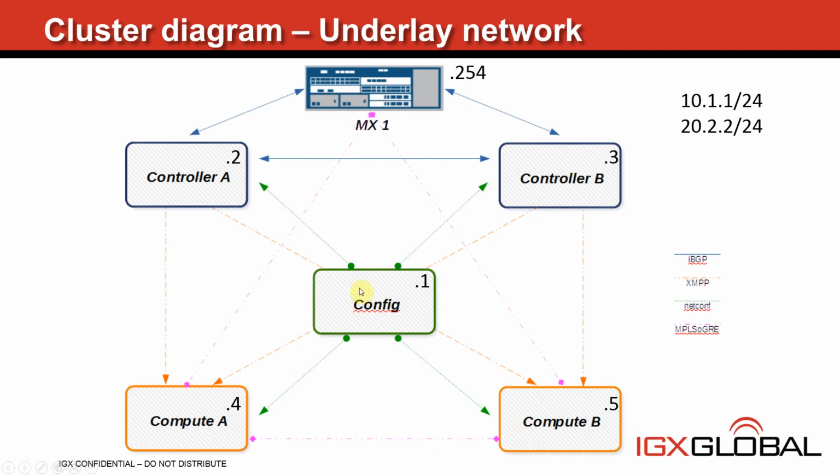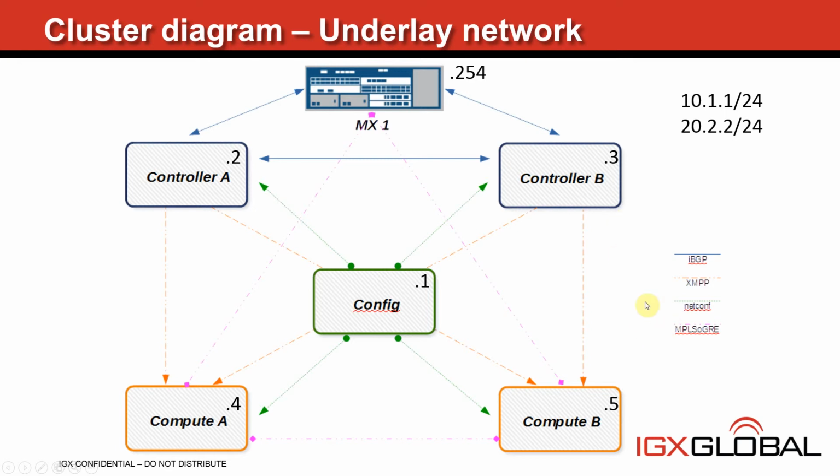The configuration node will be able to communicate to all these other servers using NETCONF. And the controllers will be able to communicate with my compute nodes using XMPP as instructions, not BGP as they do for the outside network and between them.